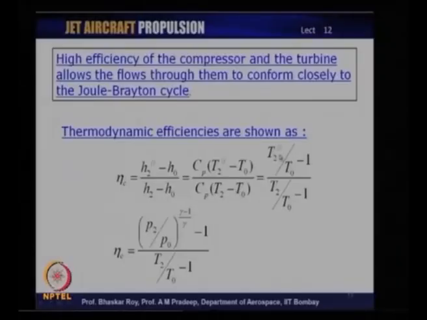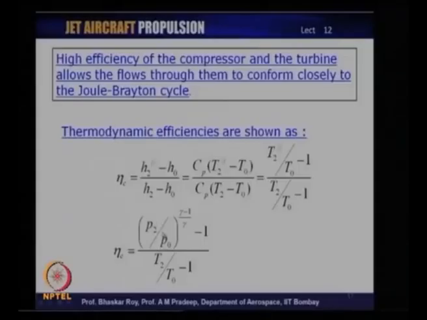So what we have is the temperature ratios, the ideal temperature ratio to the real temperature ratio across the compression process. The ideal temperature ratio can also be shown in terms of the pressure ratio across the compression process. And now, we can see that the compression ratio that we intend to achieve comes into the picture over here.